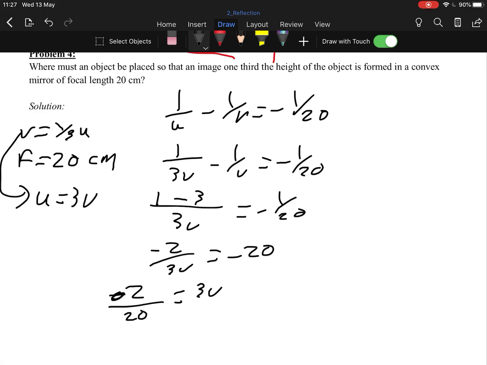All right, so that should give me 2 divided by 20, 1/10. And then divide that by 3. 0.33 continuous equals v.